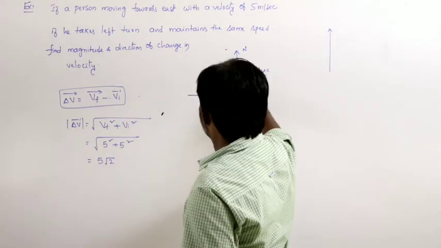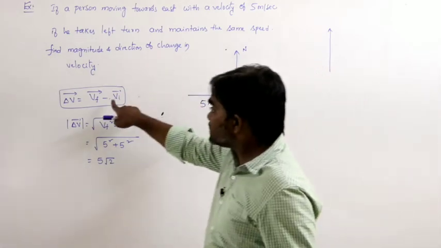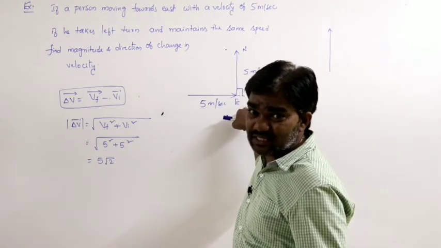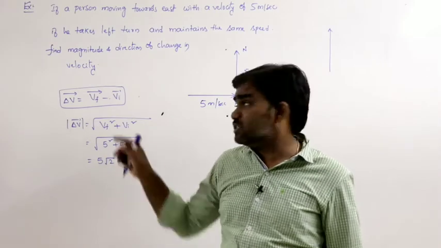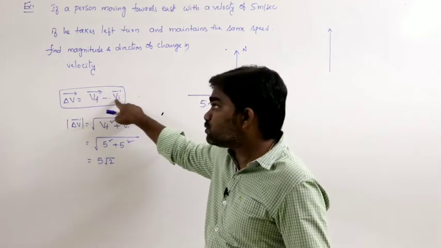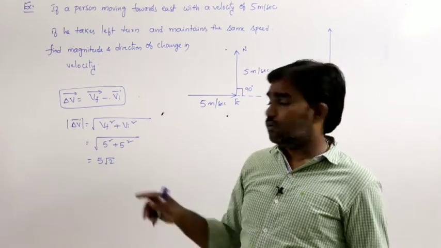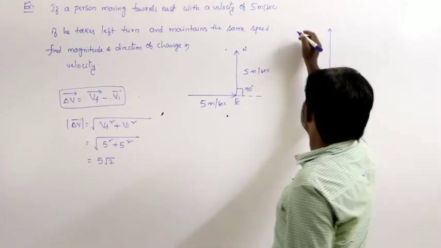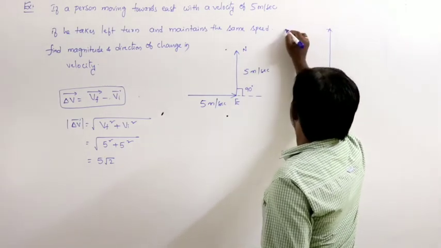Minus initial. What is the initial direction of the person? Towards east. But minus of initial: Vf bar minus Vi bar. Minus of east is west.